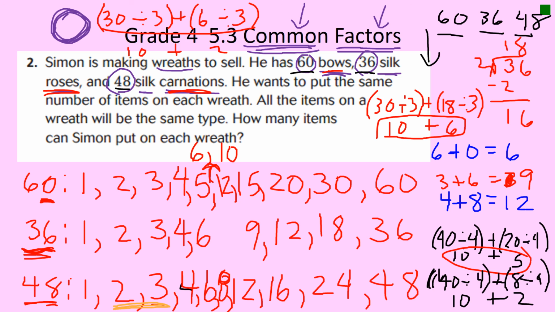Is 8 a factor of 36? Let's see. Basic facts here. 8 times 4 is 32. 8 times 5 is 40. Nope. Went right past 36 again. Now, we're looking at 8 with 48, and look, it's kind of written oddly, but 8 is a factor of 48 because we already have that one listed, right?